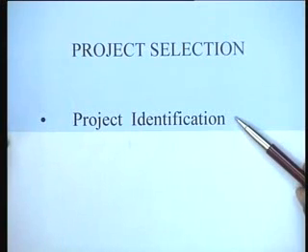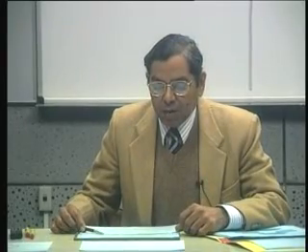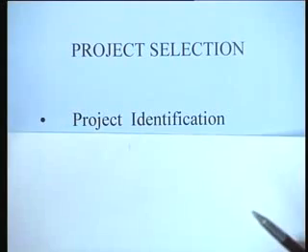This is a phase where you look around, you identify what your objectives are, you try to identify what your strengths and weaknesses are, and on that basis you identify the project to be taken up. We are going to be talking about this phase in great detail today, but you must link it with the other parts of project selection.